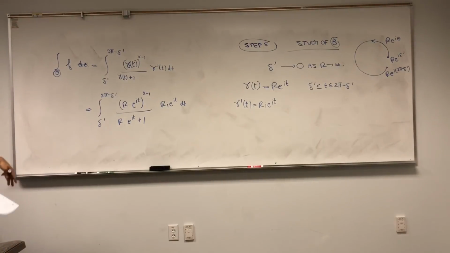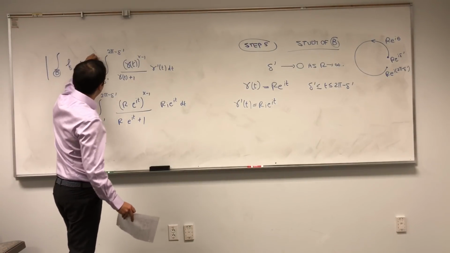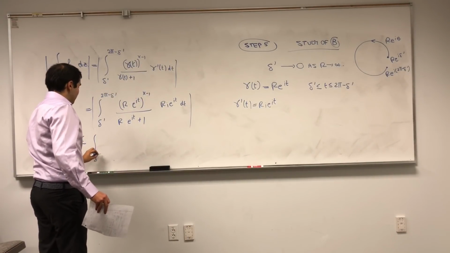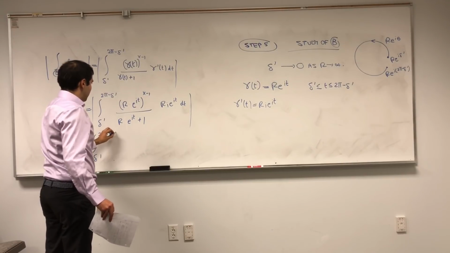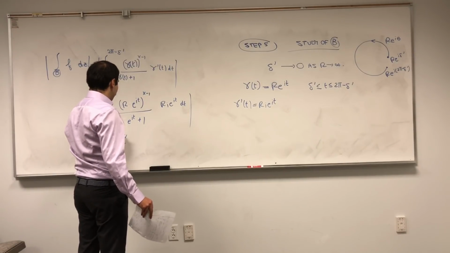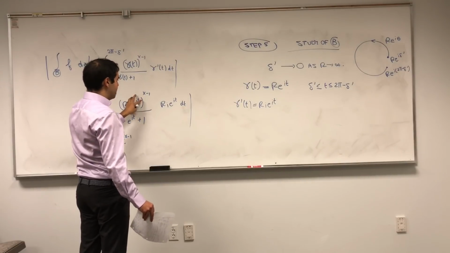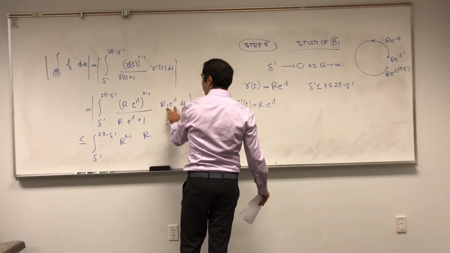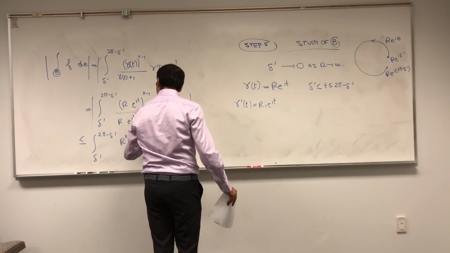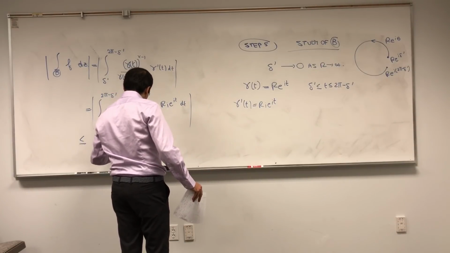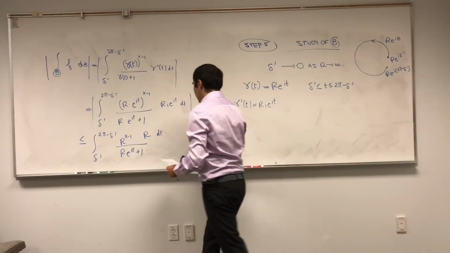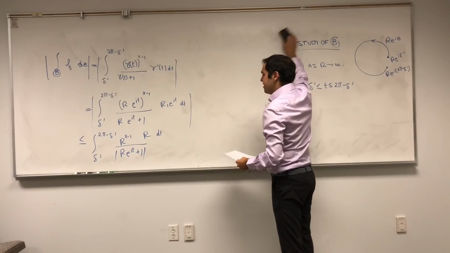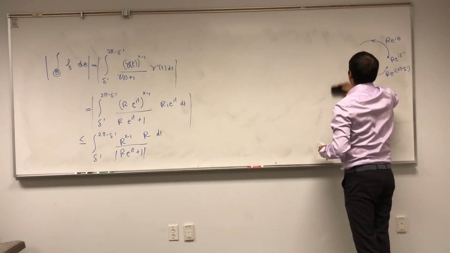And again, it's a horrible thing, but we want to show it goes to 0. So let's take absolute values. This is less than or equal to the integral from δ' to 2π − δ' of r^{x−1}. e^{it} in absolute value becomes 1, so we ignore it. r is r. The absolute value of this is 1. So dt over |r e^{it} + 1| in absolute value. And now, again, let's use the reverse triangle inequality.